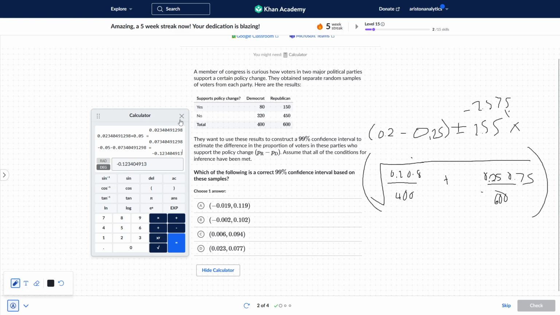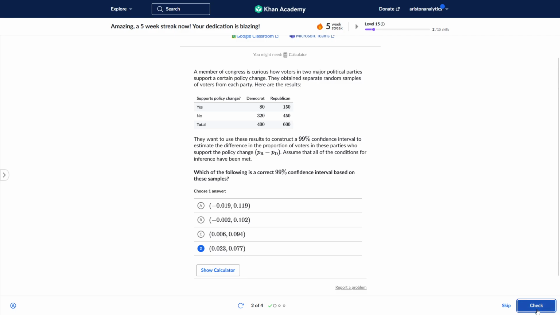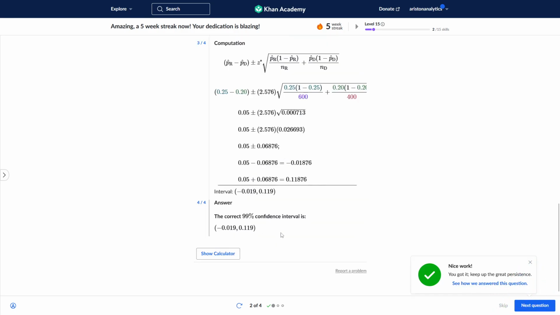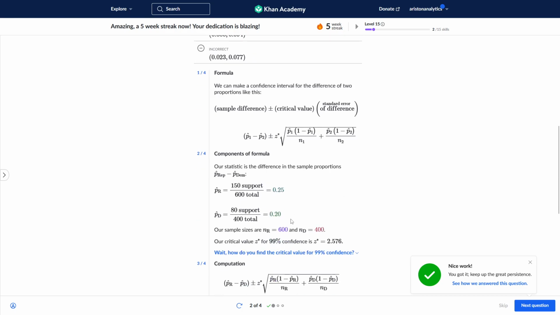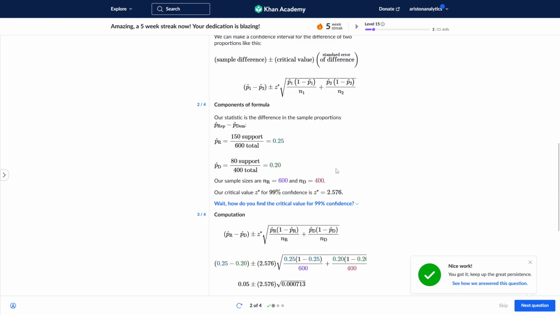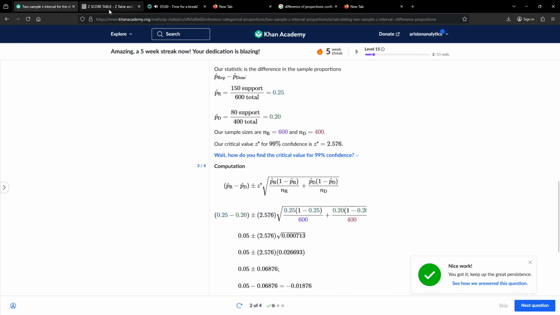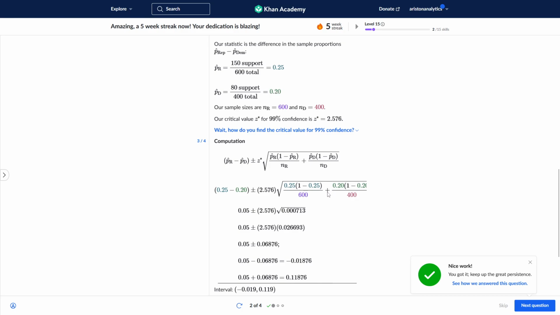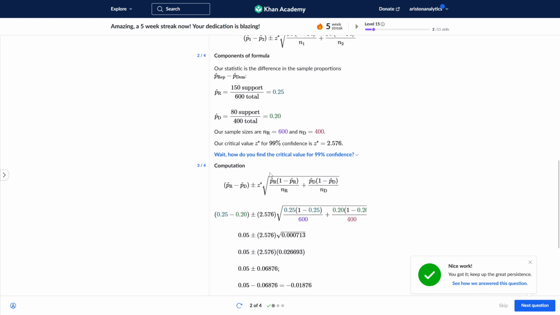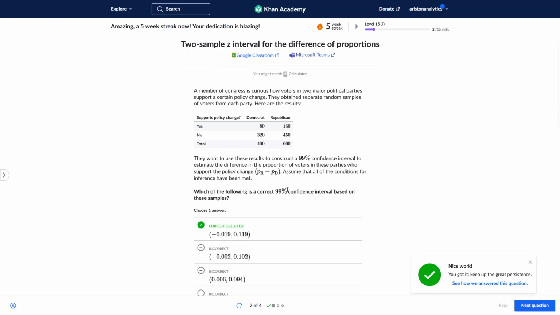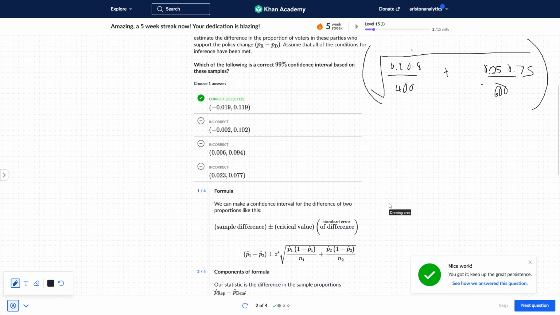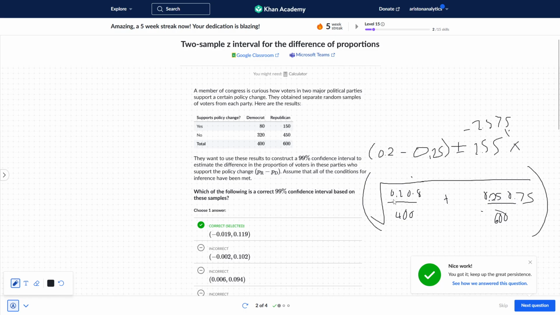Fuck it, we'll go with this one. Okay. Oh, fuck. I got the sample sizes mixed around.